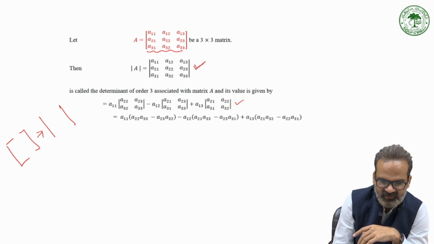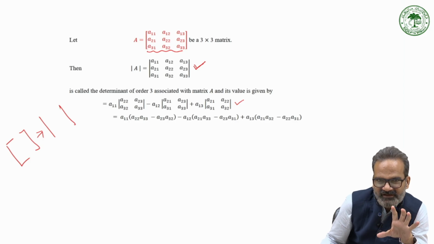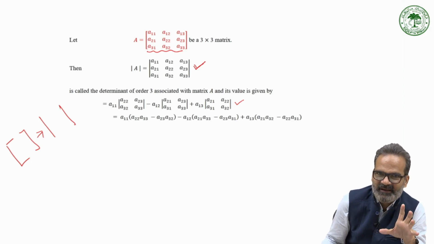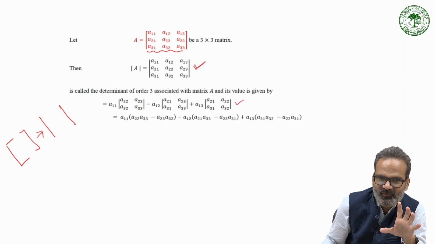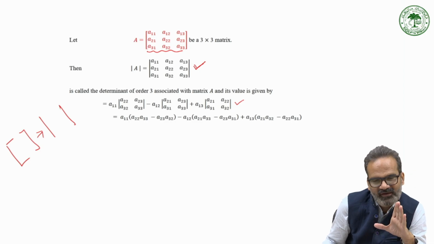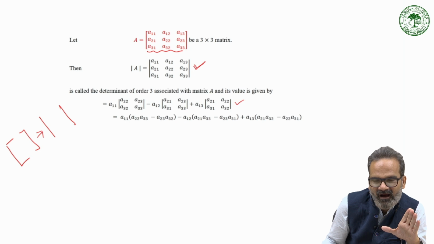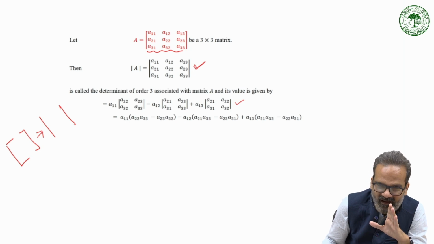See, how does it happen? Second thing, we have 3 rows and 3 columns in this determinant. The value of a determinant of order 3 is calculated by expanding it along any row or any column. So we can expand the given determinant along the first row, second row, or third row, or along the first column, second column, or third column.